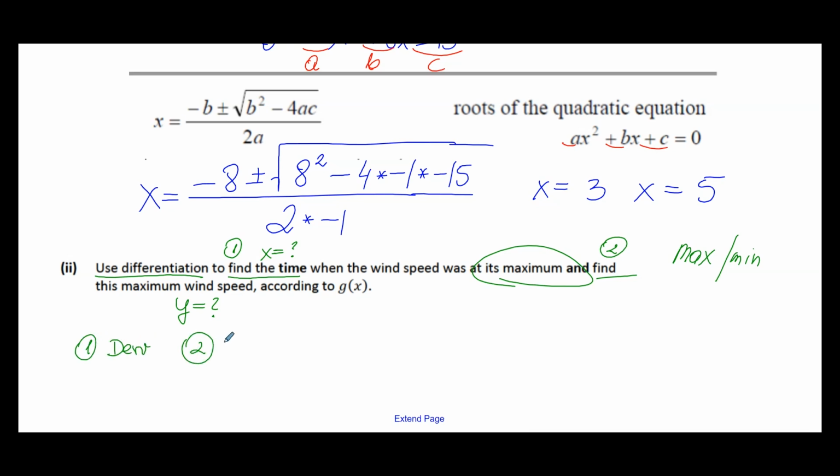In 2, we're going to take that derivative and equal it to 0. In 3, we're going to find the value of x, that is our first point. And in 4, we're going to take that x back to the original function, not the derivative, and therefore find the value of y. That's our second point we have to do.